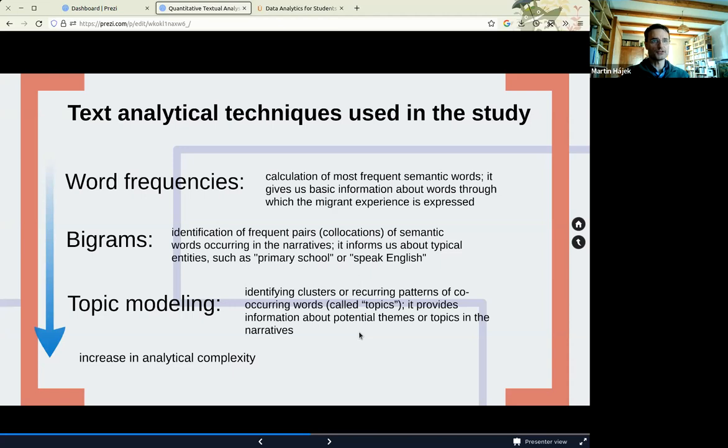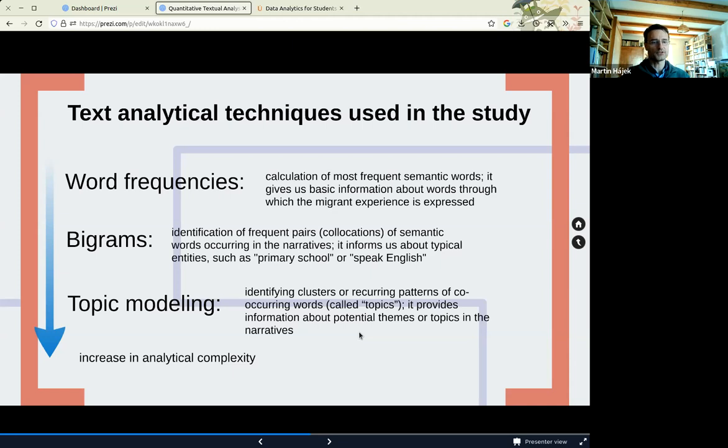There is no assumption that all texts have to contain topics or can be differentiated in topics, but there is an assumption that we can model possible topics, and it provides information about potential themes or topics in the narrative, and we have to interpret it and think about whether it's artificial or not.